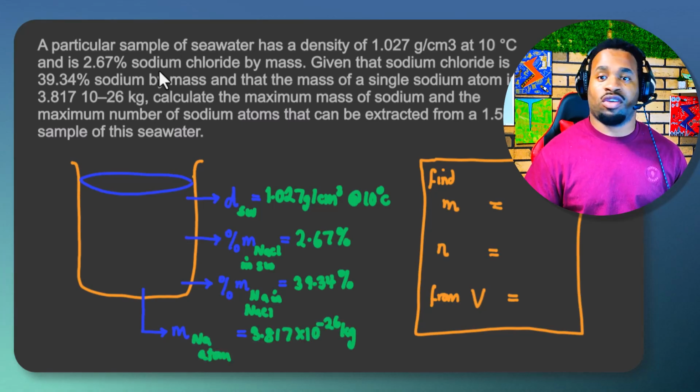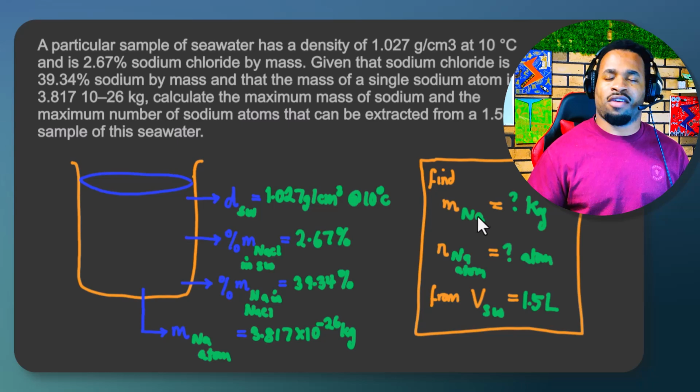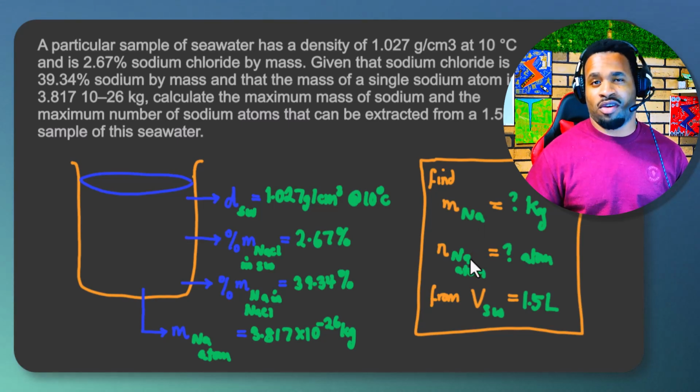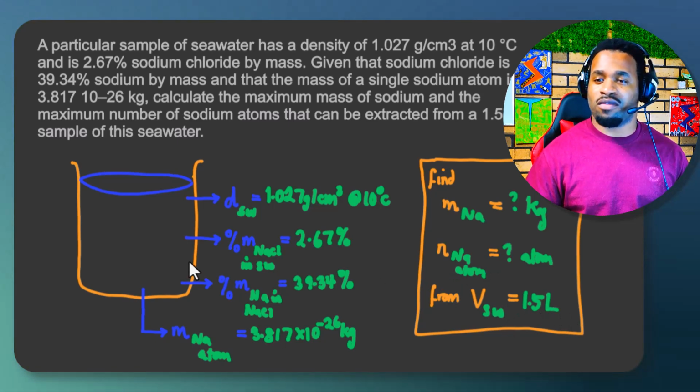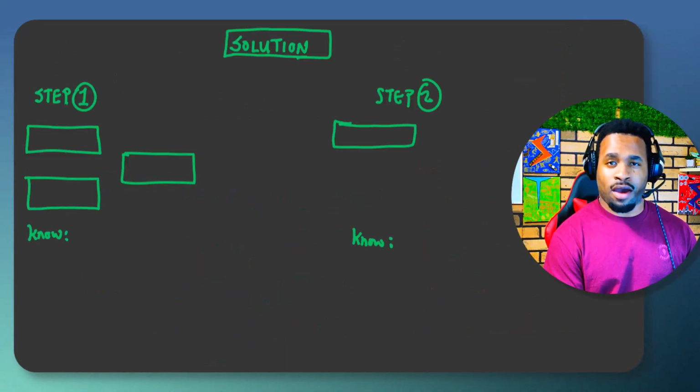And the question says that you should find the maximum of sodium in terms of the mass. How much sodium, in terms of atoms, is in 1.5 liters of seawater? So here we're going to solve the following in 3 steps. For the solution, the first step includes the following.